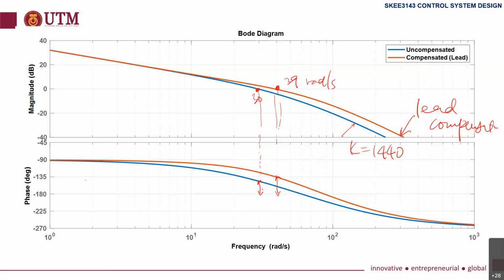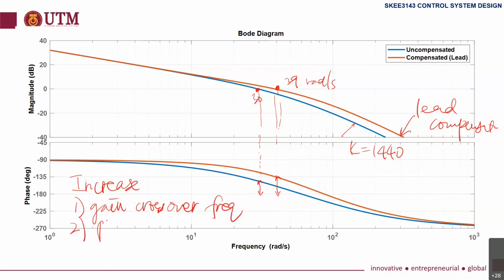But it increased for the uncompensated into compensated system. We increase, first, gain crossover frequency, and number two, we increase the phase margin.